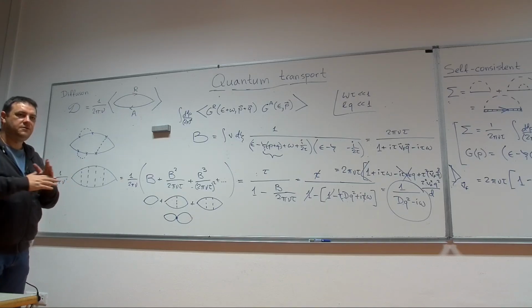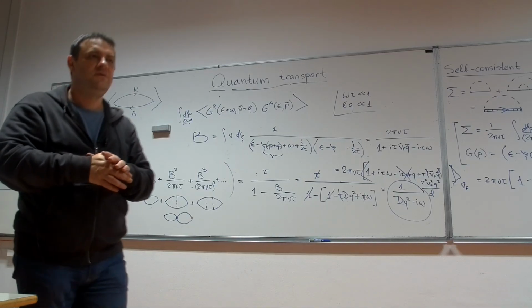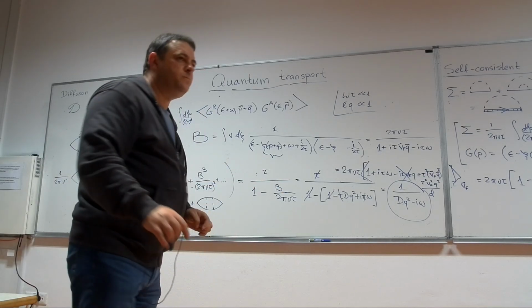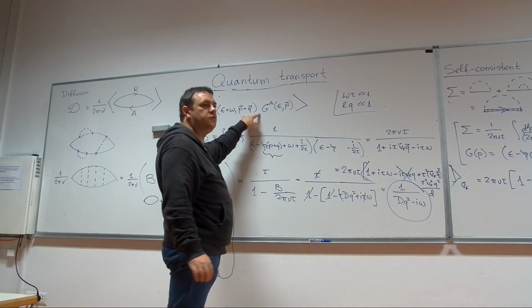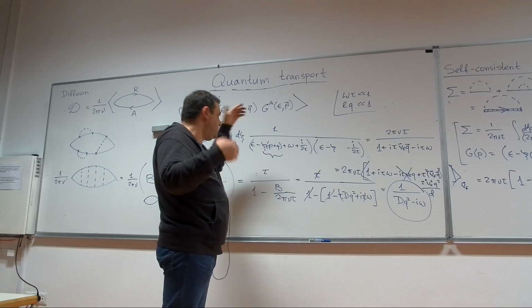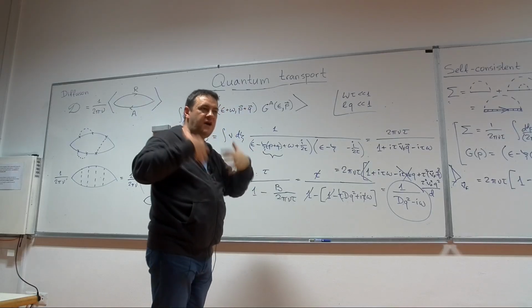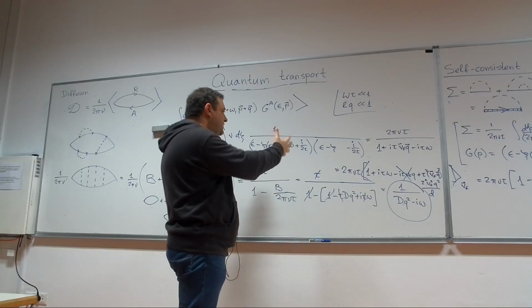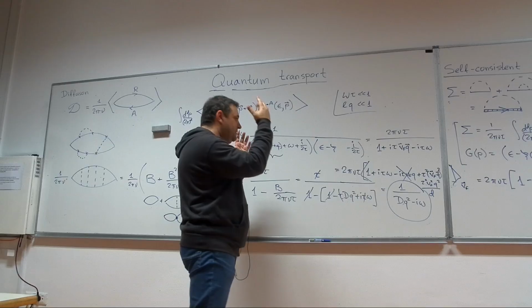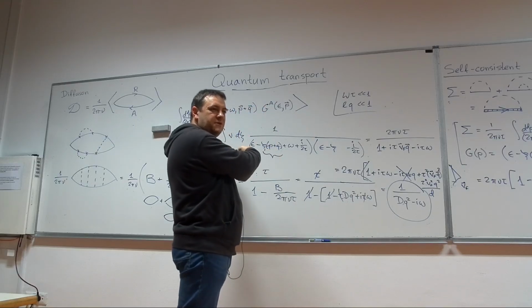B is the integral of the product of two averaged Green's functions. It's my definition. I wrote this integral and I said, let's call it B. This is my definition of B.